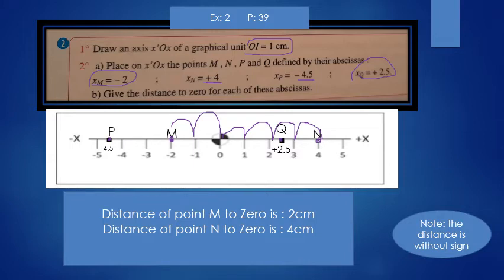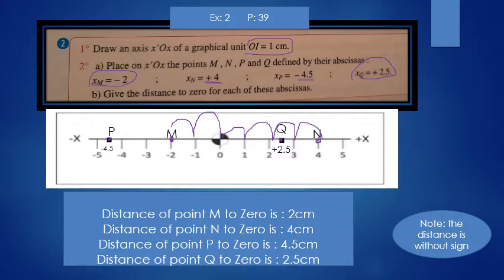So the distance from N to the origin is 4 centimeters. What about point P? Here, from 0 to 4.5, so the distance is 4.5 centimeters. What about Q? From 0 to 2.5, so it's 2.5 centimeters. Okay, it's so.